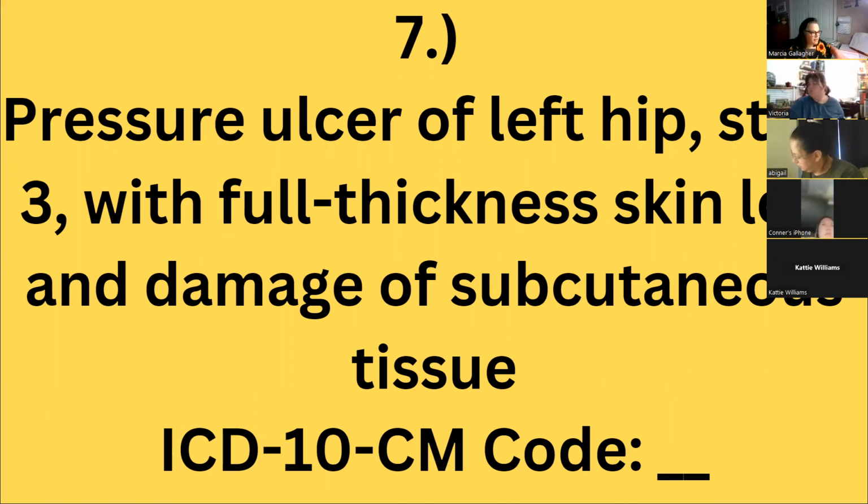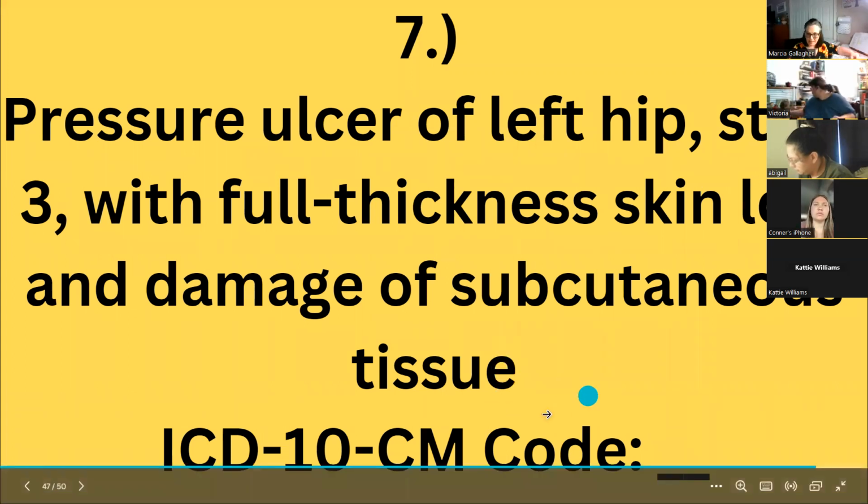Page 1003. Do we agree? Yes. If we actually read down all of this information, pressure ulcer of left hip, stage 3, full thickness skin loss, damage, it actually gives all of that below there. So I agree that L89.223 is the correct ICD-10 code. Very well done.